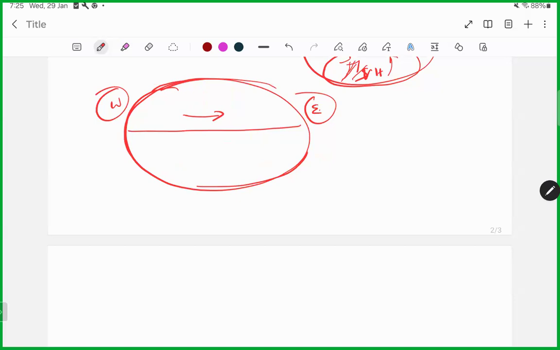So it gets deflected to the right in the northern hemisphere and to the left in the southern hemisphere. So this is one of the factors which affects wind movement: the Coriolis force.